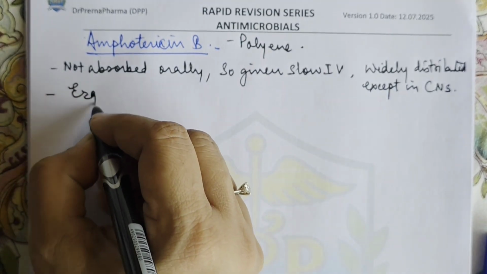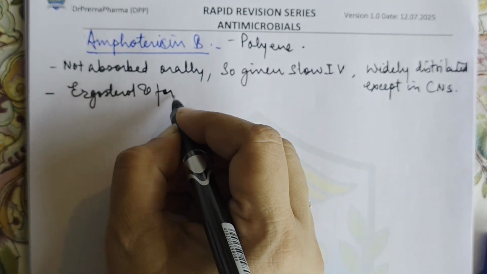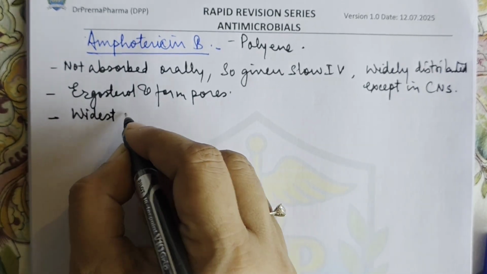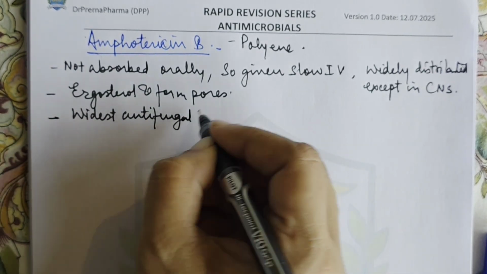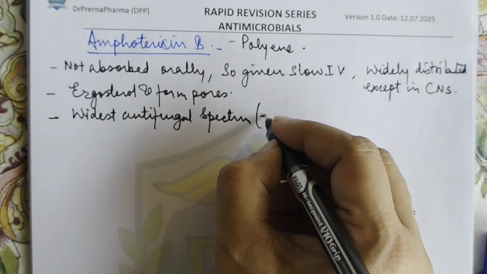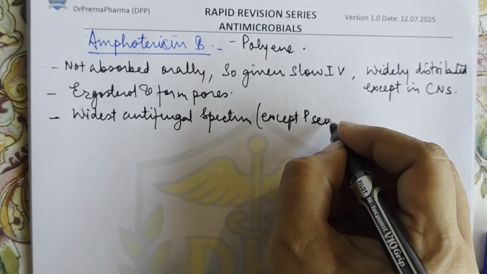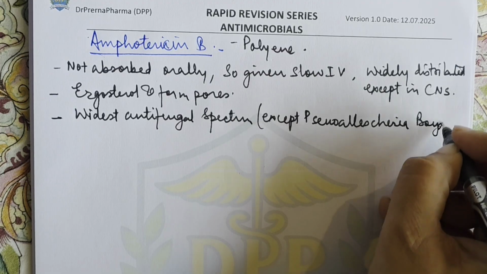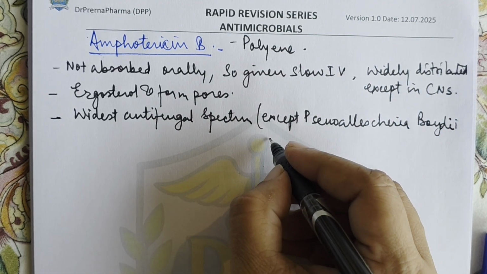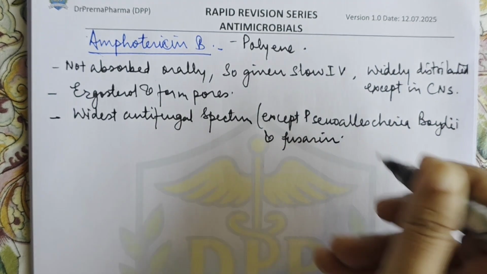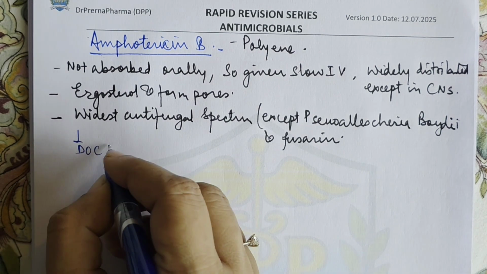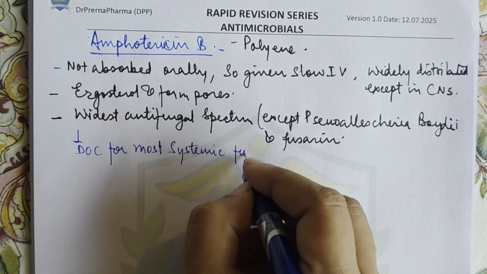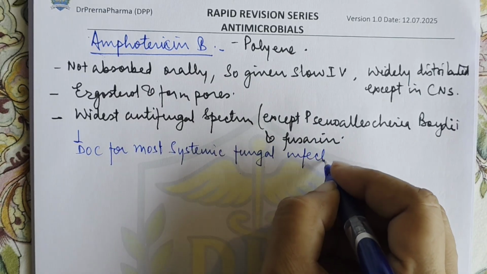As I've told, it binds to ergosterol and forms pores in the membrane. It has the widest antifungal spectrum, except it does not act on Pseudallescheria boydii, right, and Fusarium. Otherwise, it is the drug of choice for most systemic fungal infections.